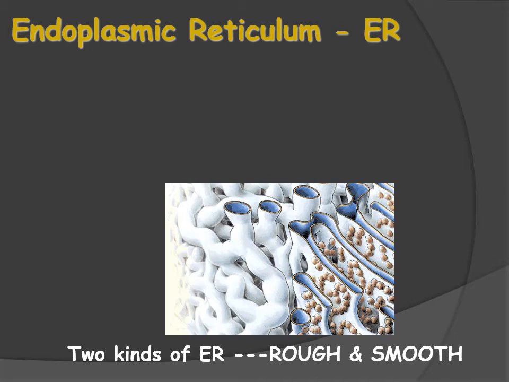Endoplasmic reticulum. Those are hollow tubes that allow transport and synthesis of products. So it's not only like a passageway, like a subway tunnel, but it also synthesizes things that are utilized within the cell and synthesizes things that can be transported out of the cell. Okay, two types. You have rough endoplasmic reticulum, or rough ER.